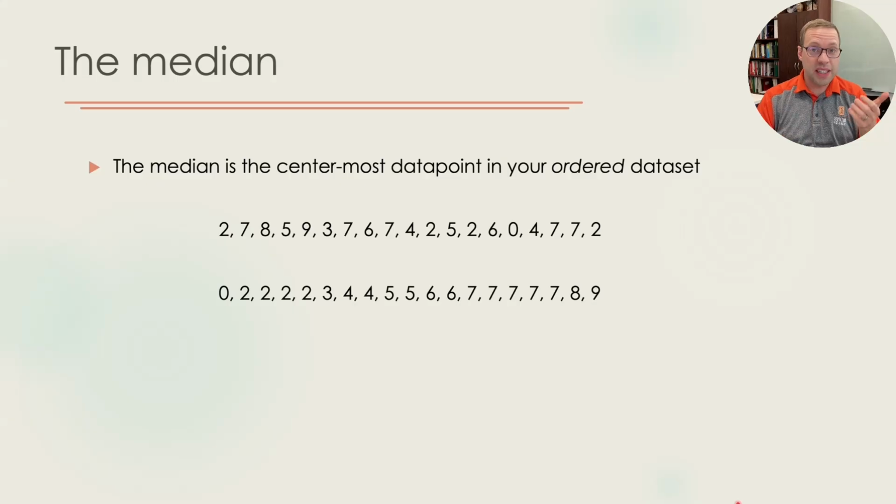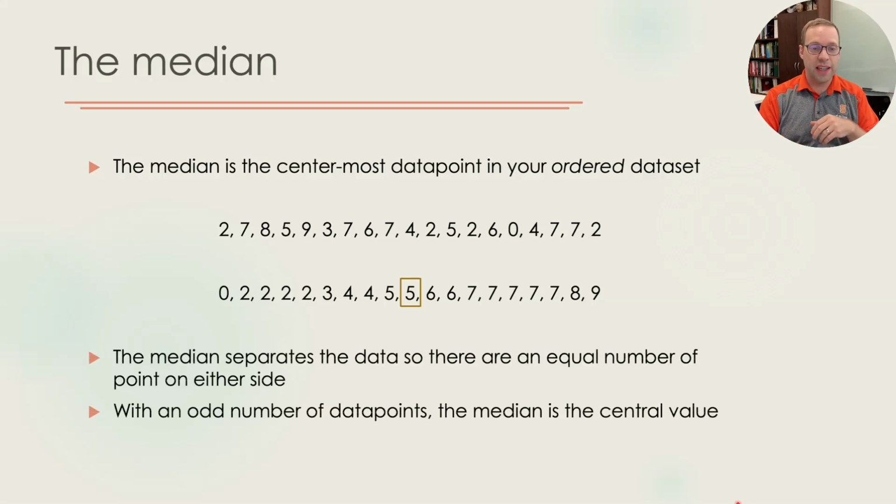Then we simply find the middle of the data. Literally, the middle of our data. In other words, the one value where you're going to have an equal number of points on either side.